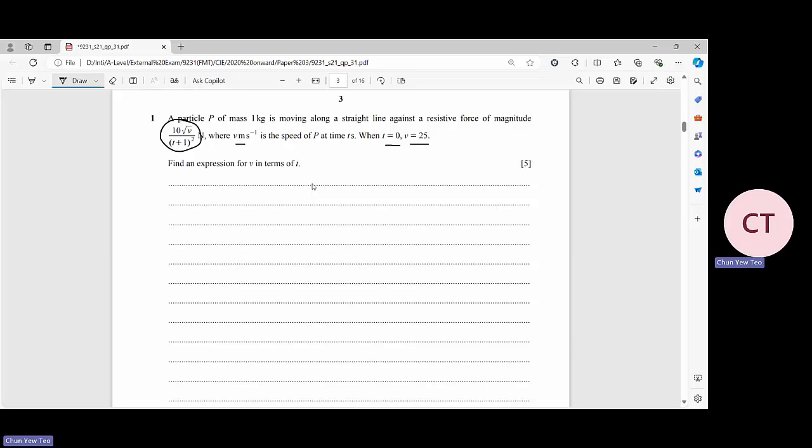Okay, so this is the resistive force. That means negative F_R is equal to Ma. You only have the resistive force.